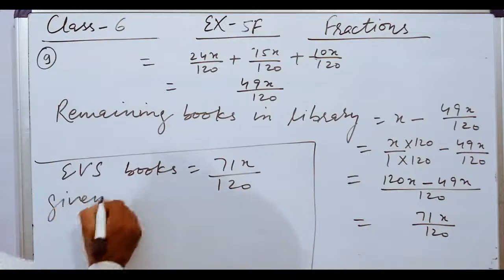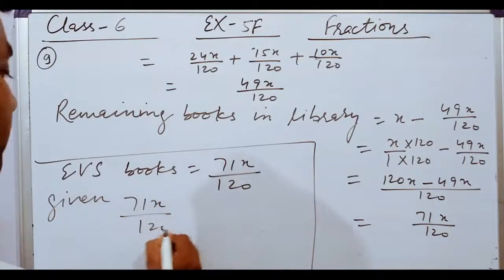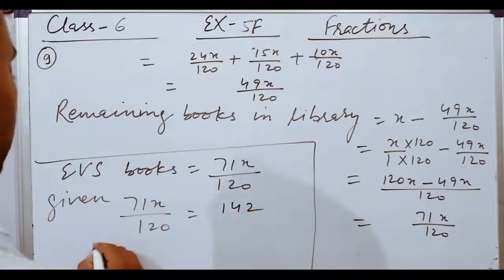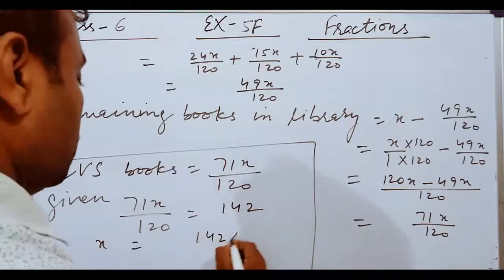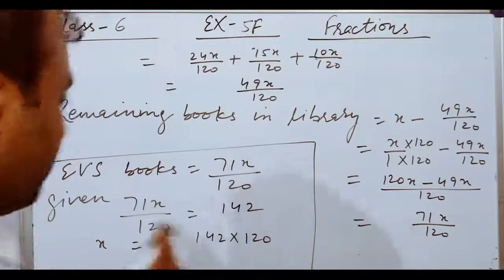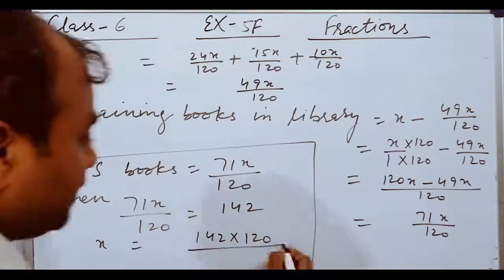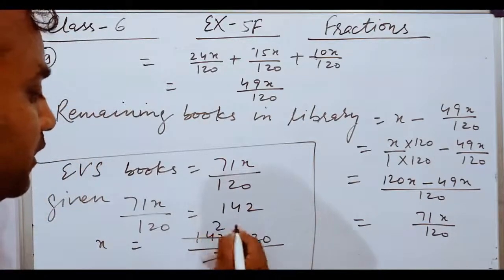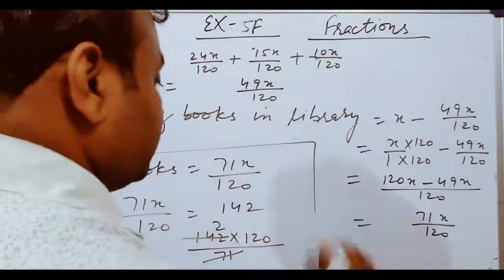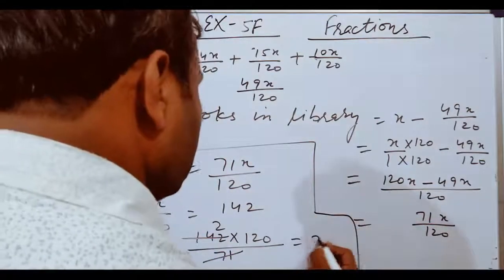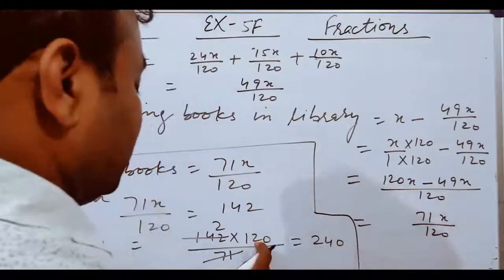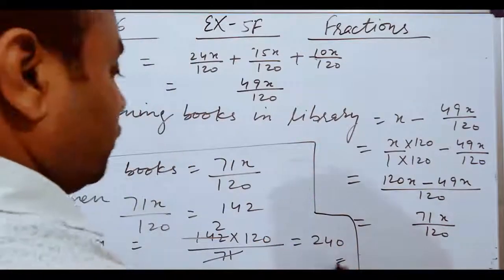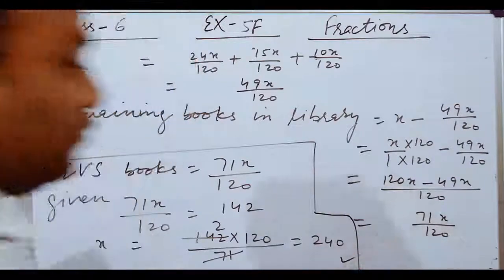Already it is given, 71x upon 120 equal to EVS books given 142, x equal to 142 into 120 upon 71. 71 twos are 142. Then 2 multiply by 120 equal to 240 books in library total. Okay, total books in library equal to 240. This is the answer.